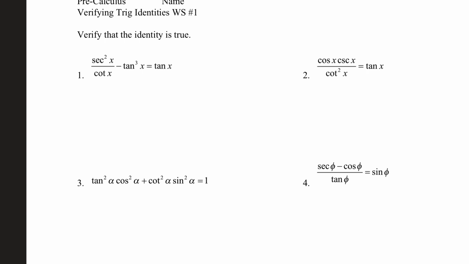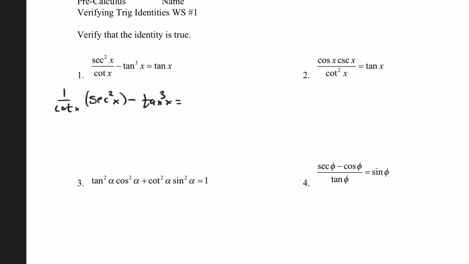Let me give you a run through on number one. Here, I'm obviously going to choose to work with the left side of the equation, and I'm going to rearrange it a little bit. I'm going to rewrite it like this: 1 over cotangent times secant squared x minus tangent cubed x, equals, of course, tangent x on the other side.